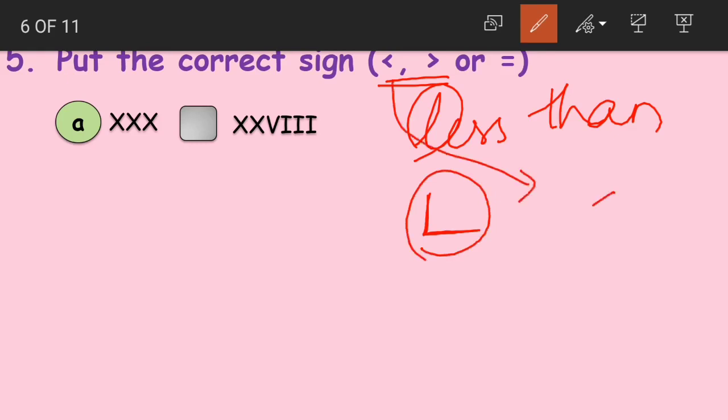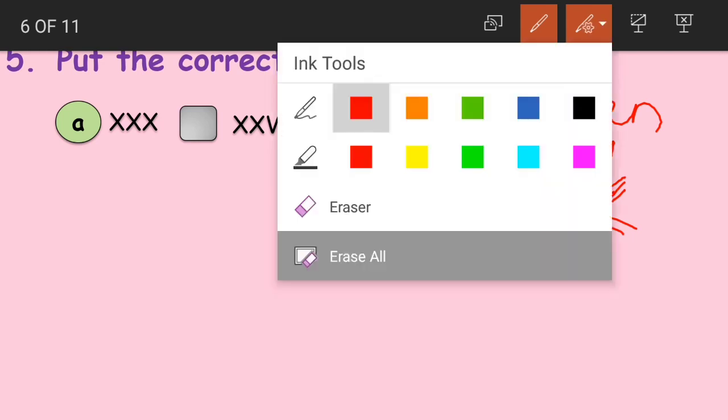Yes, this symbol looks like L. So this symbol stands for less than. Understood, children? Obviously the other symbol becomes the greater than symbol.